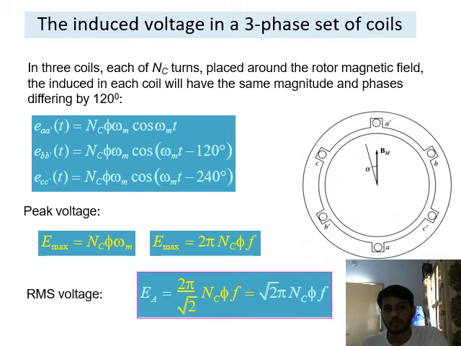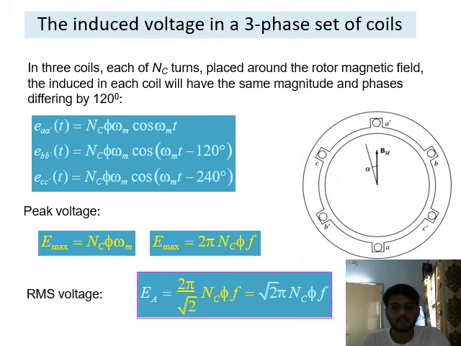The peak value is Emax equal to Nc phi omega m, and in terms of frequency in hertz, Emax equals 2 pi Nc phi f. Here omega m is the angular frequency and f is the normal frequency in hertz. To calculate the RMS value, divide this peak value by root 2.